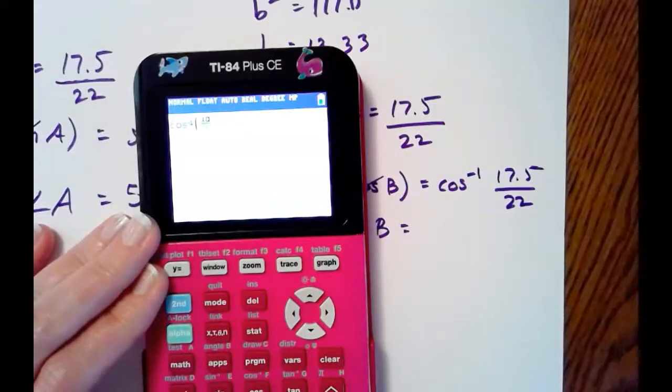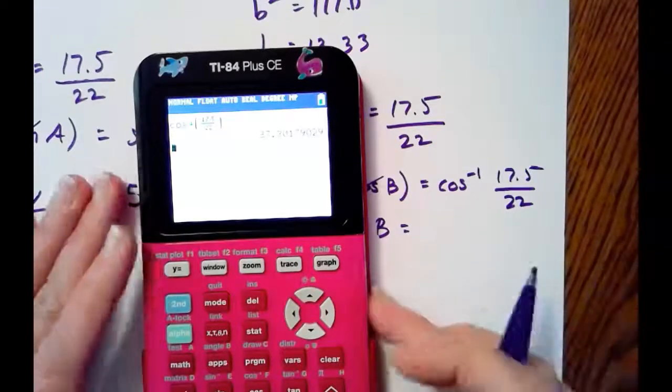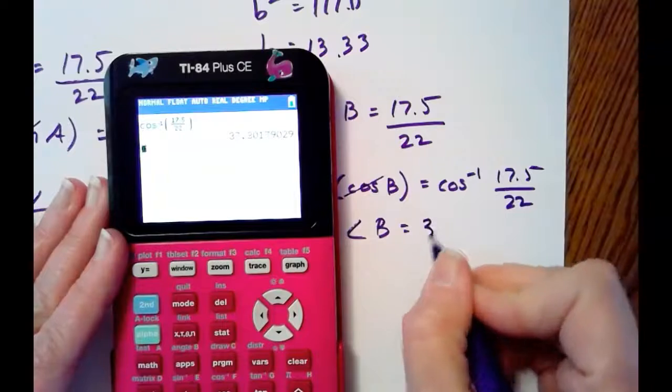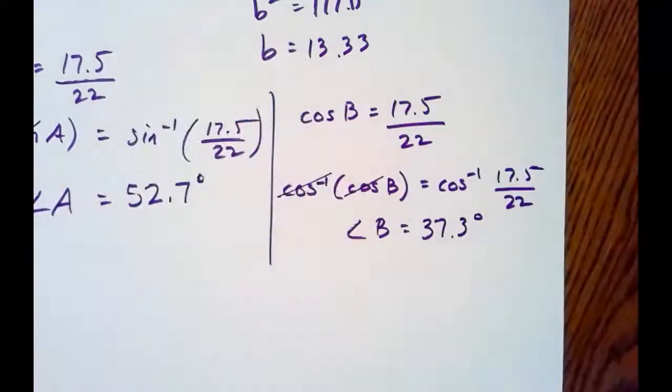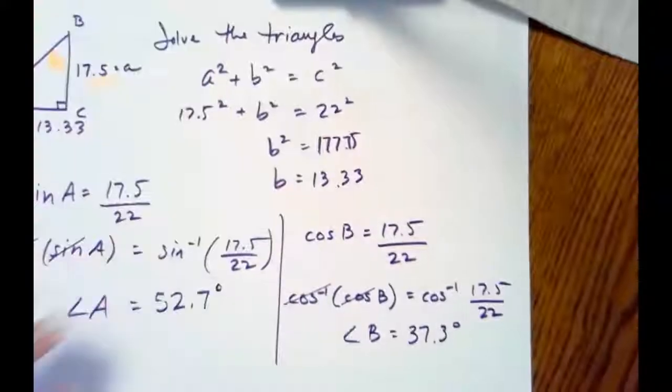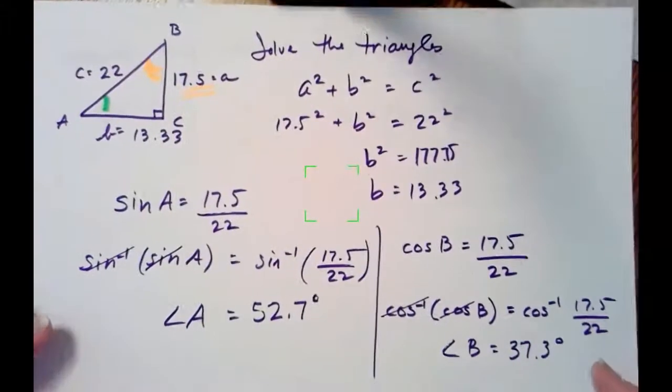And that's going to be 17.5 on the top, 22 on the bottom, close the parentheses, and we get angle B is 37.3 degrees.